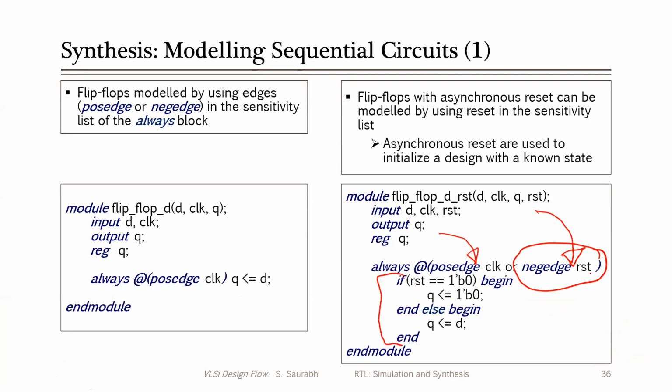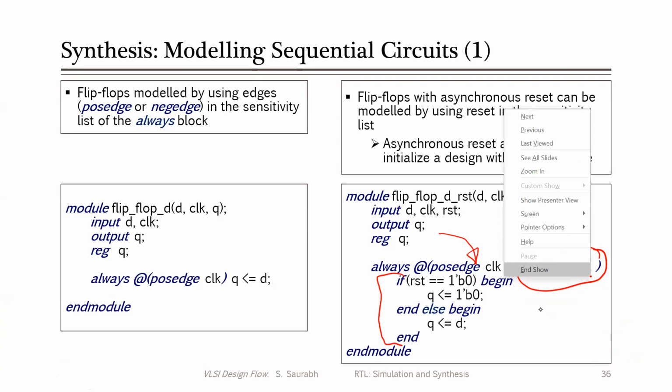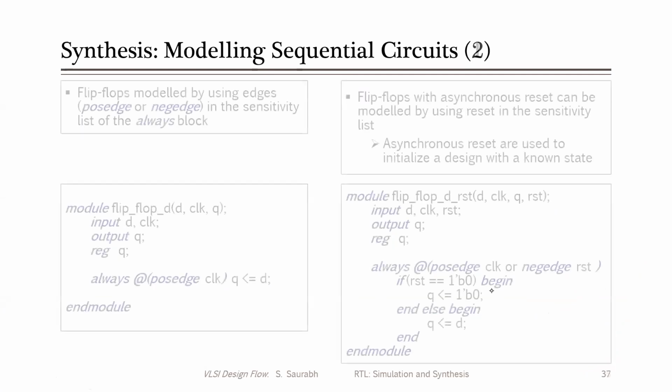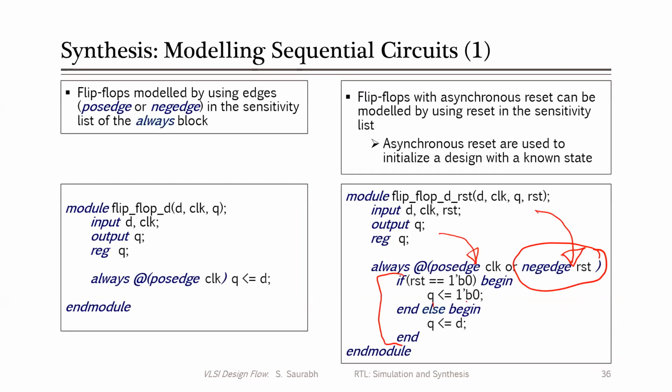Whenever there is a negedge reset, then Q gets the value of 0 and the output is reset. Otherwise, Q will get the value of D. So the reset is getting a higher preference in this case, depending on the reset value.